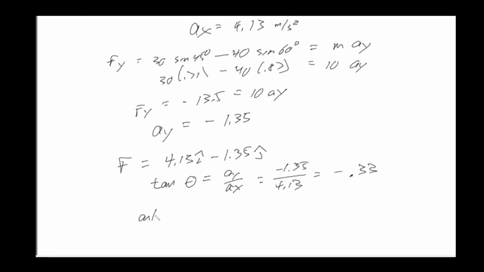So the arctan of 0.33 is equal to minus 18.3 degrees. So theta is equal to minus 18.3 degrees. And that's our direction.